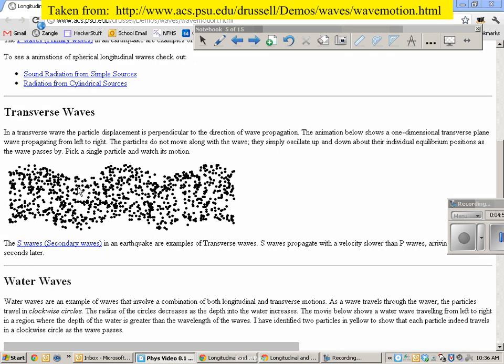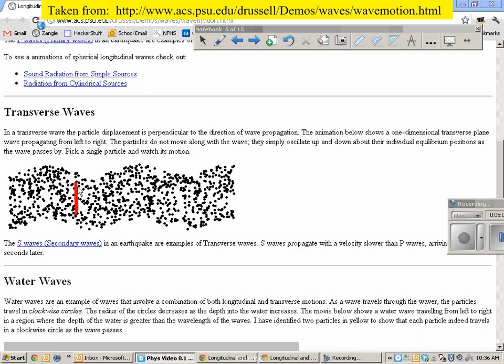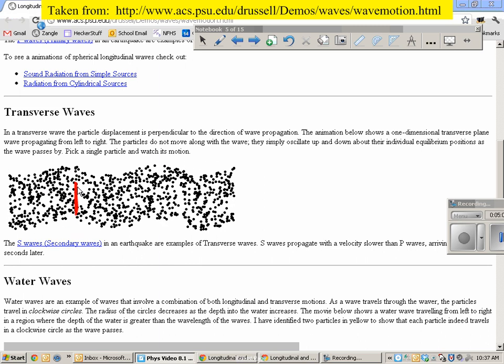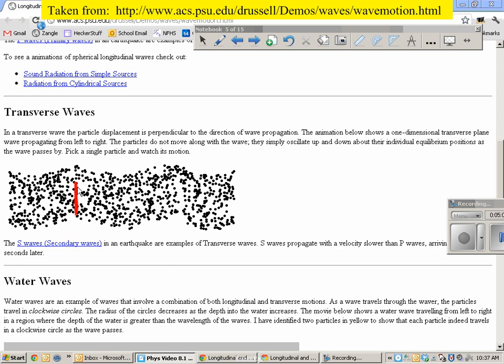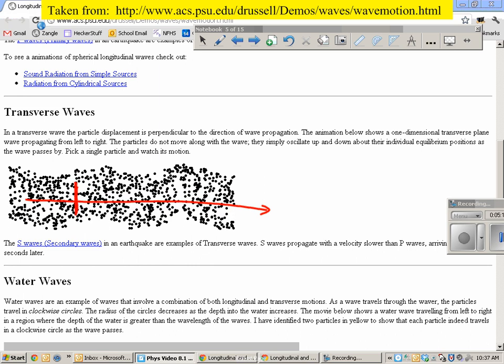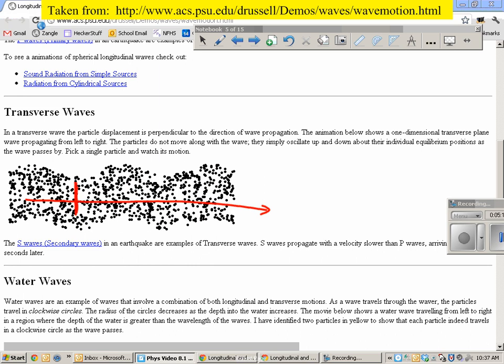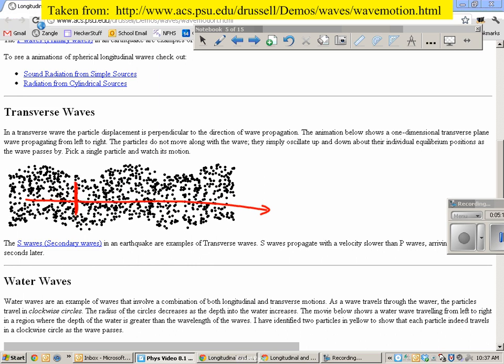That particle right there is vibrating down and up, down and up, down and up, down and up. And as that's happening, you can see that if you watch any one of the tops of these waves, the waves are traveling this way. Okay, so that's a transverse wave because the motion is perpendicular to the direction the energy is traveling.